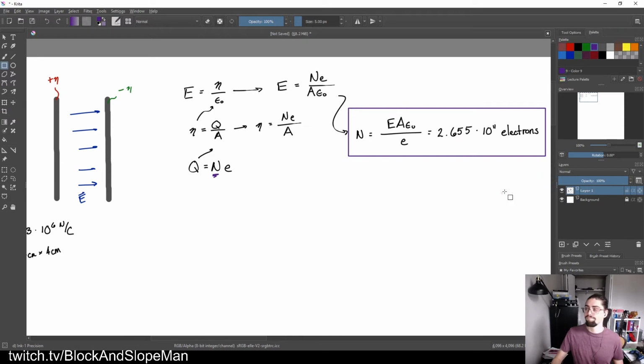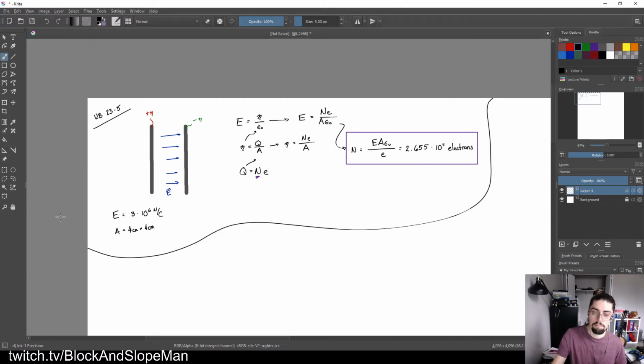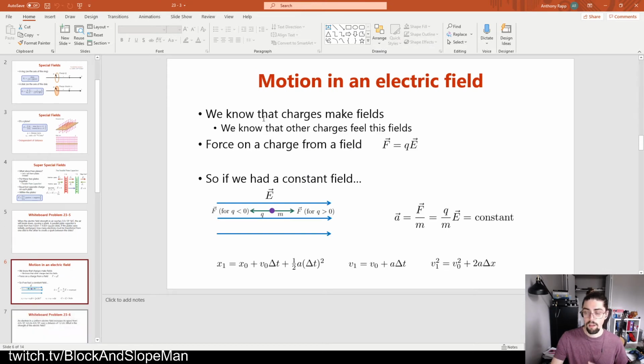Just like that. So let's go ahead and box this off before we get into the next problem. But before we get into the next problem, I've got a couple more details to look at here.